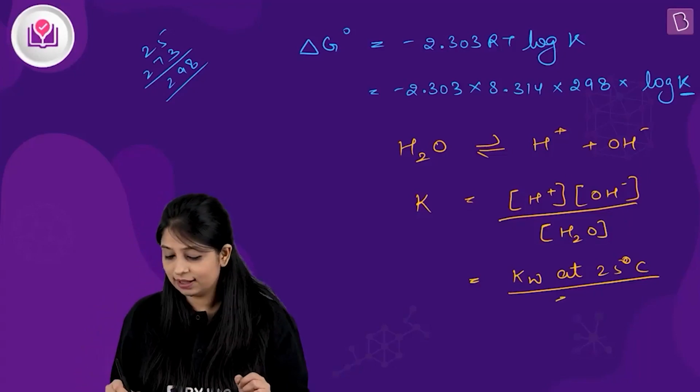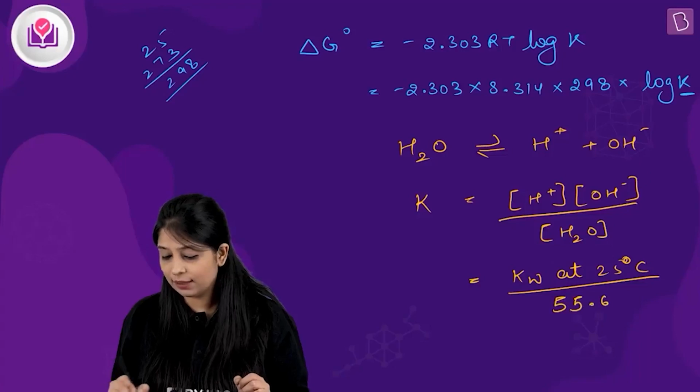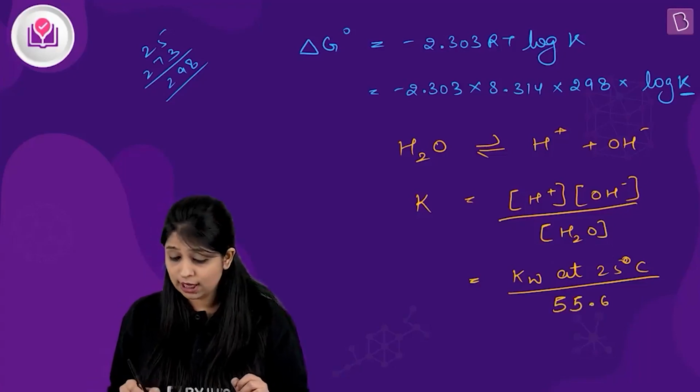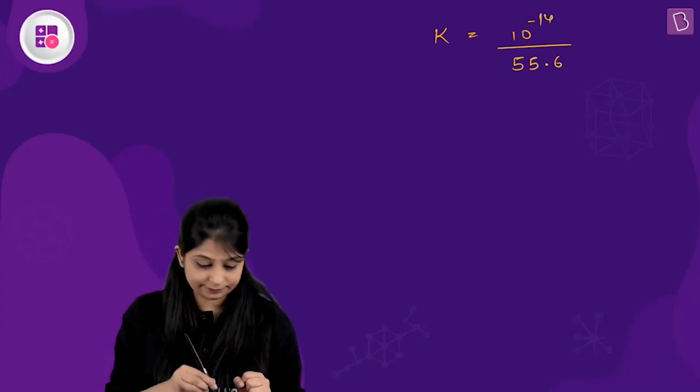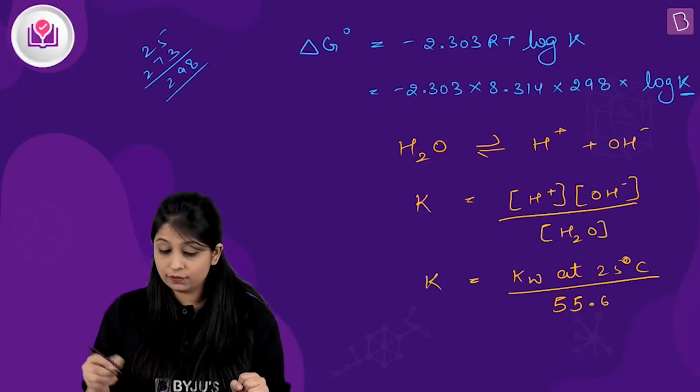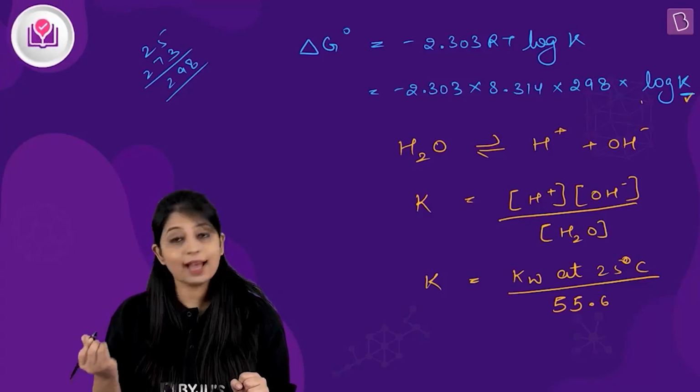We write it as 55.6 molar. This will give you the value of K, which is what? K is equal to 10 to the minus 14, that is the ionic product of water at 25 degrees Celsius, divided by 55.6. Correct.